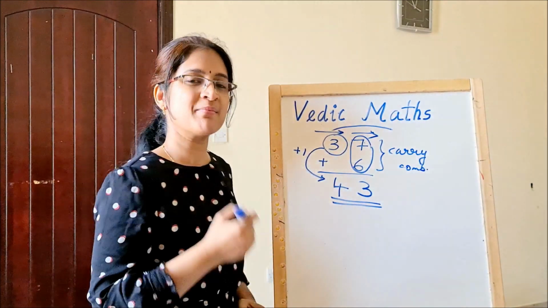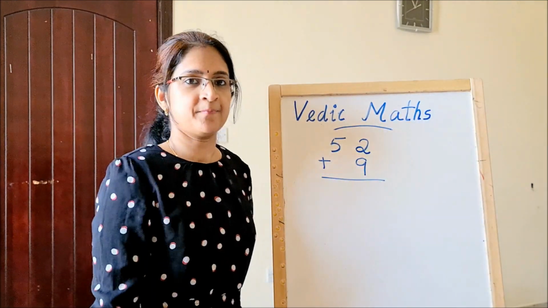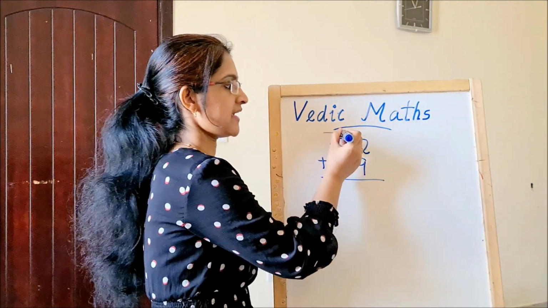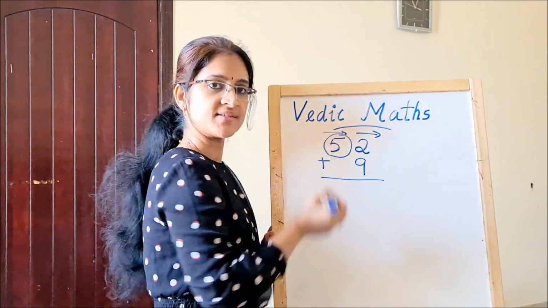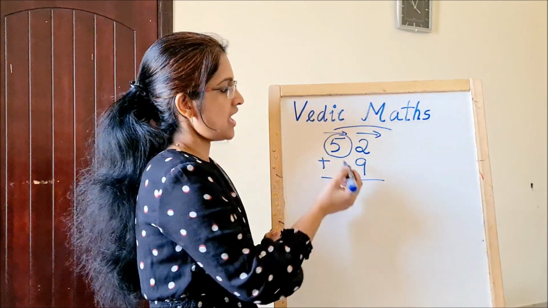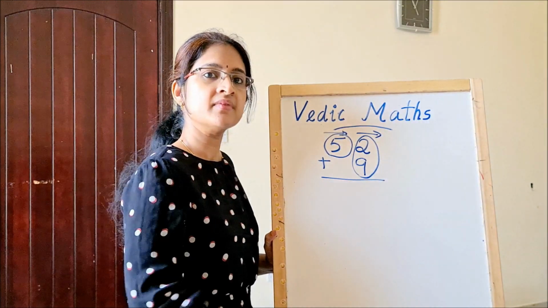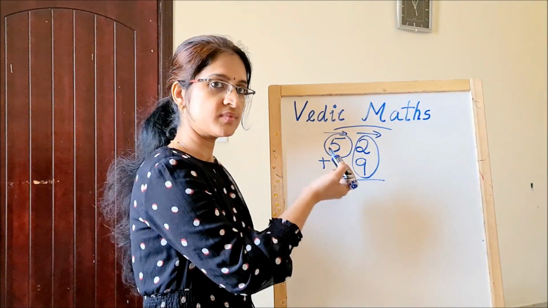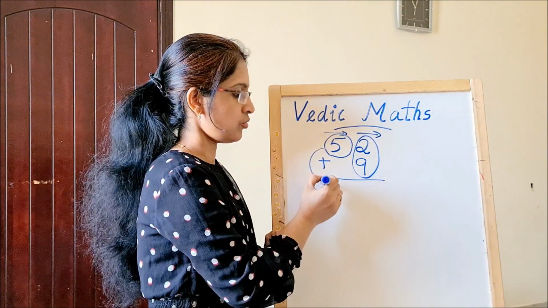Let's see one more example, it will be more clear to you. 52 plus 9. So we always move from left to right, and the first number you see is 5. Don't write 5 here, just keep it in mind and observe the next pair. The next pair is a carry combination. So since it's a carry combination, immediately what you do? You add 1 to 5.